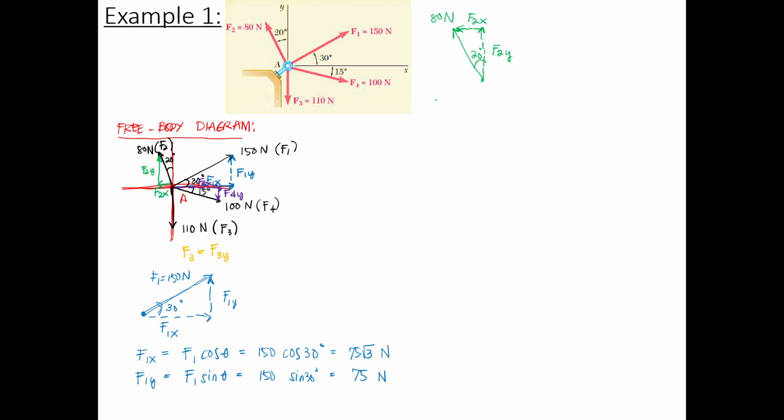So again, by formula. If you don't know the shortcut of the formula, just try using the basic concept of your trigonometry. So let's say you have sine theta is equal to, again, the opposite side of the angle over the hypotenuse. So the opposite side is F2x, then the hypotenuse is 80 newtons.